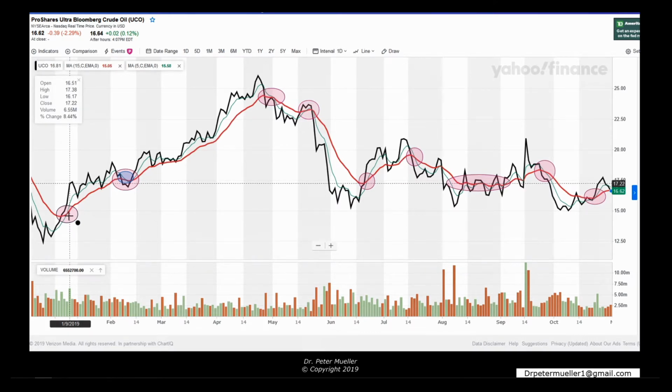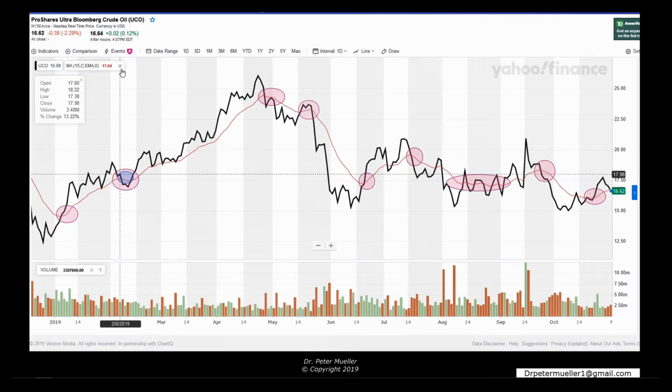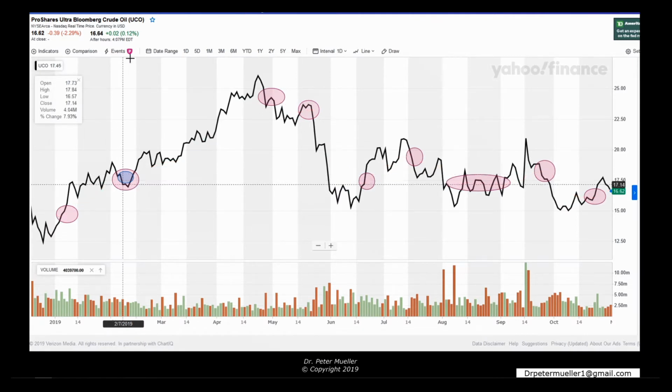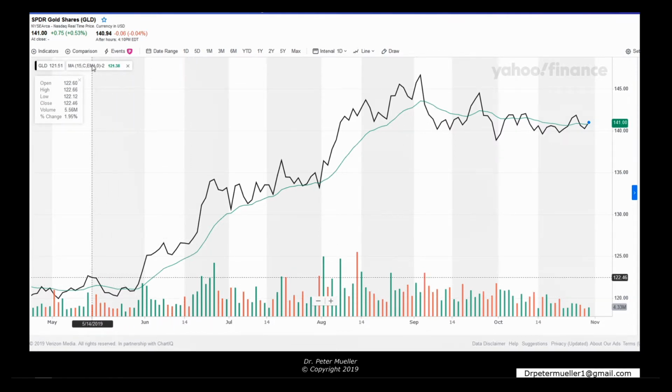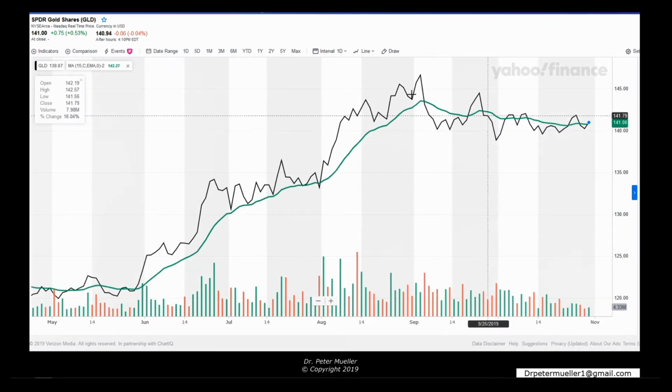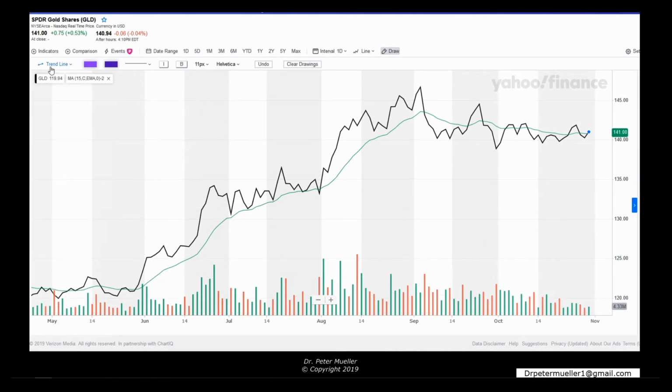You could also simplify the method and simply choose one, and let's go back to the gold chart. You can use only one single moving average, and in this case I took a 15-day moving average, and you say when the actual stock crosses the moving average, this would be the entry point, this point down here, and let's highlight this point here in this particular case.